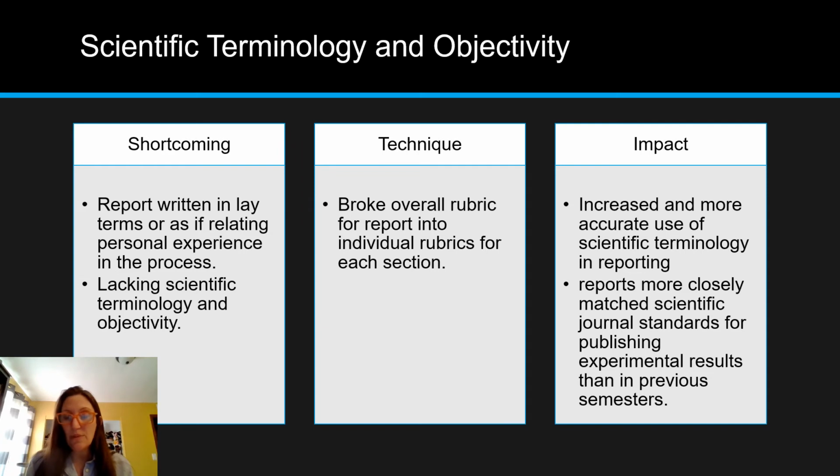This helps them better use scientific terminology because they could see for the section what was required, and it just made their reports better match the standards which would be required in journal publishing requirements. And the reports just were better than in previous semesters after just providing a broken down rubric rather than one overall rubric for the entire report.